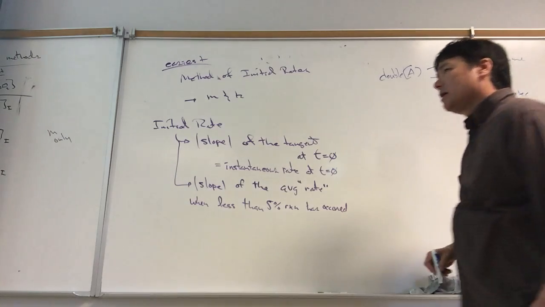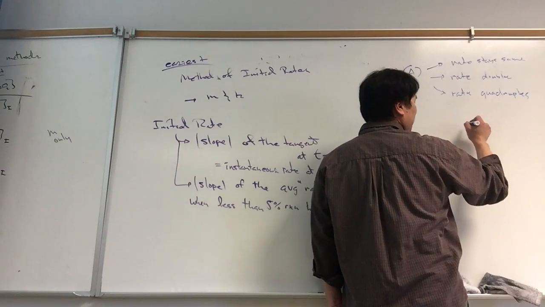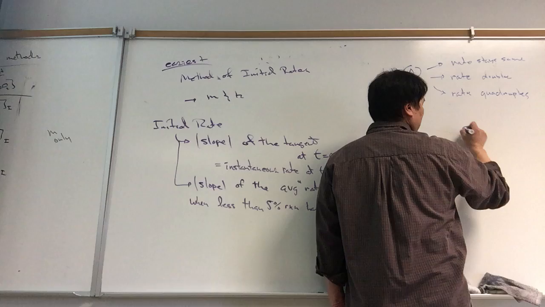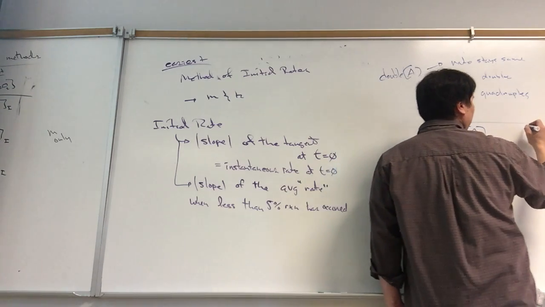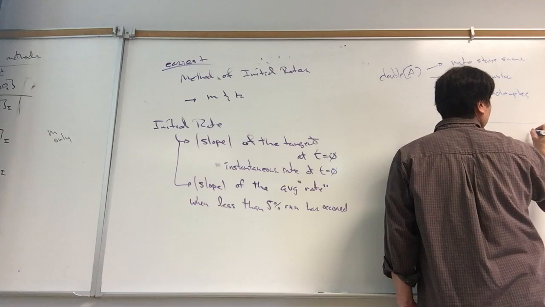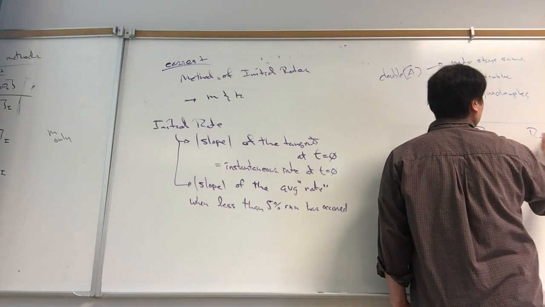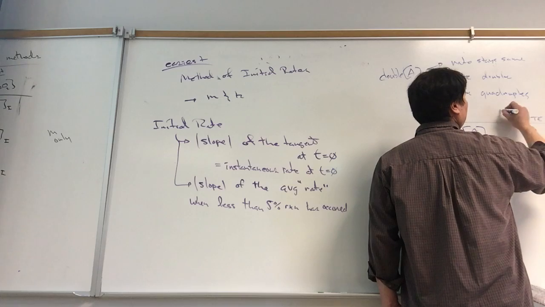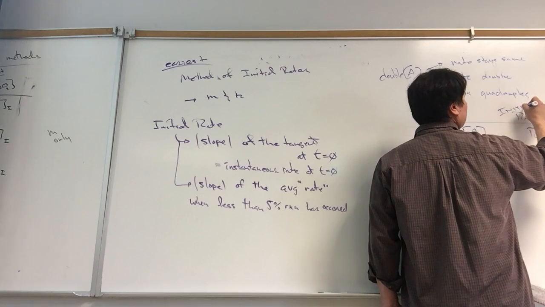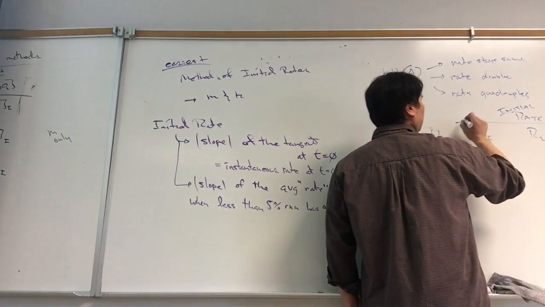And so what I'll do is I'll make up a table. The table is going to look like this. It'll be the concentration of A initial, and then we'll have the initial rate. The rate's always changing, so this is just the initial rate, right at the beginning.